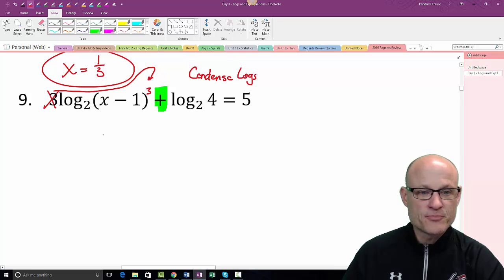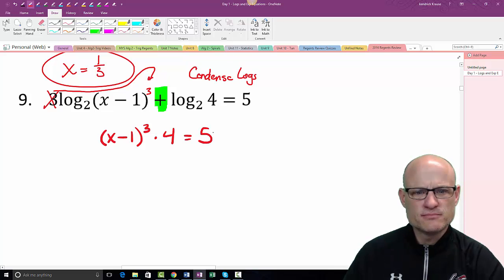So this is really x minus 1 cubed times 4 is equal to 5.